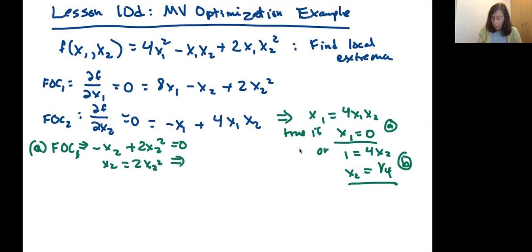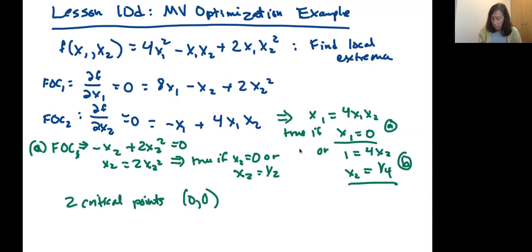This is true if x2 equals 0, or if x2 equals 1/2. So I have two critical points: (0, 0) and (0, 1/2).